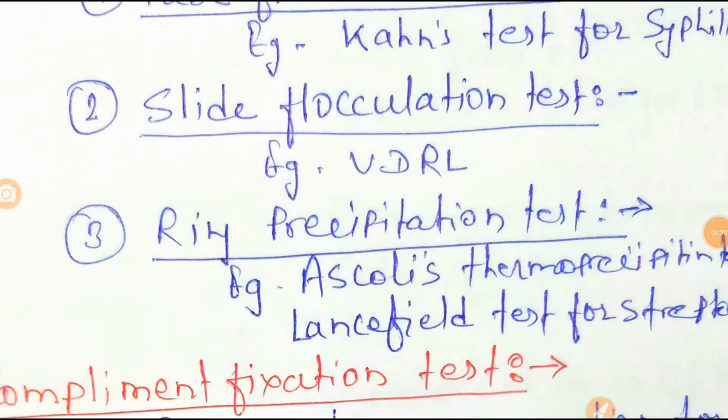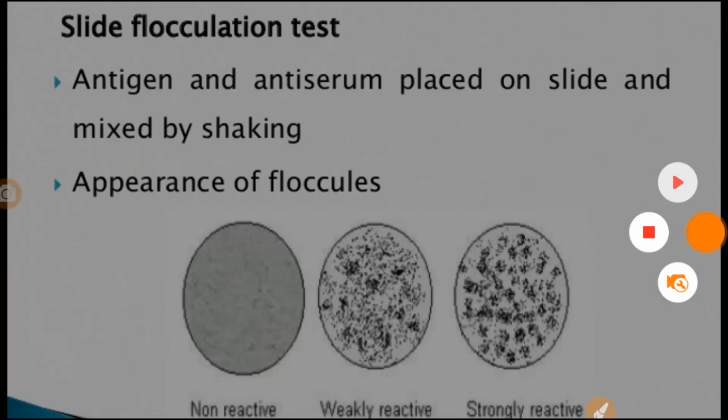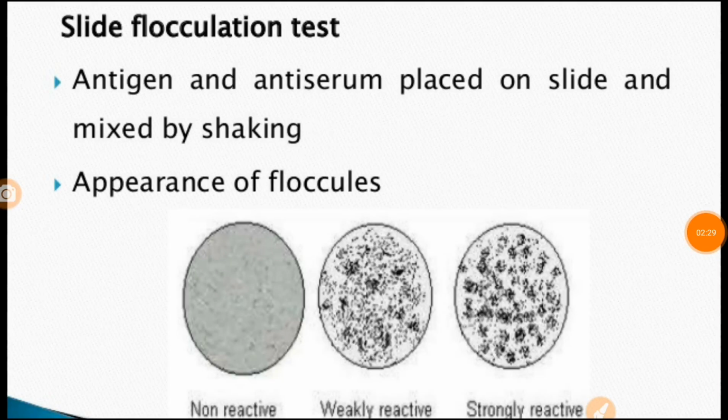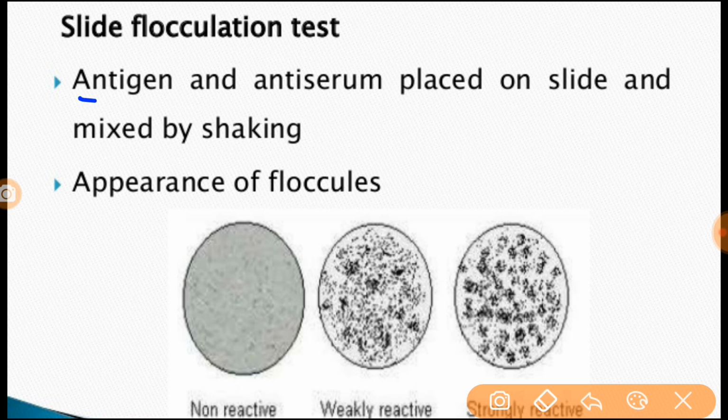Next one is the slide flocculation test. The example is the VDRL test. If you see this diagram, the antigen and antiserum, which contains the antibody, are placed on the slide and mixed by shaking.